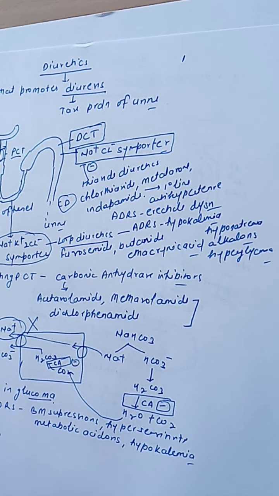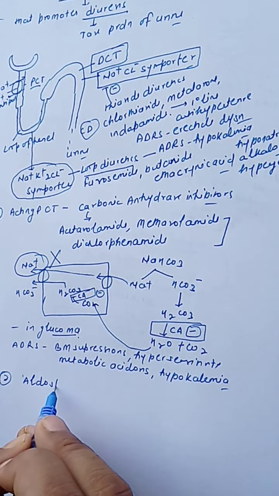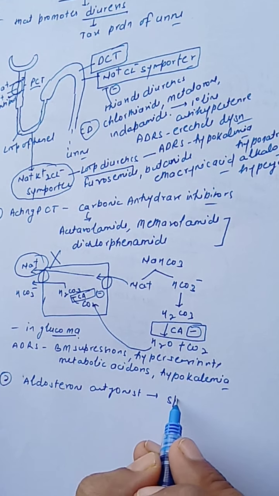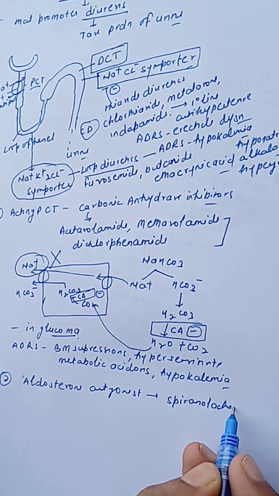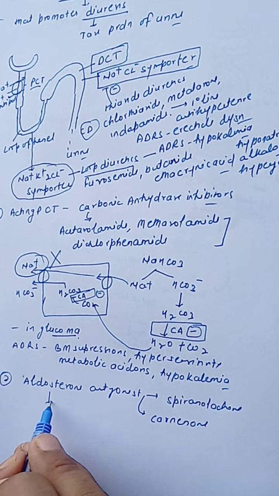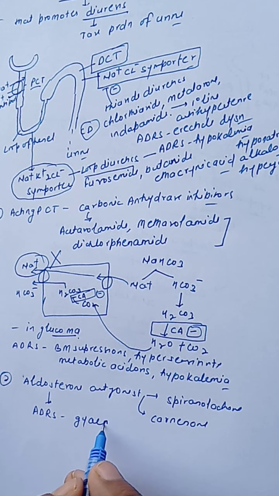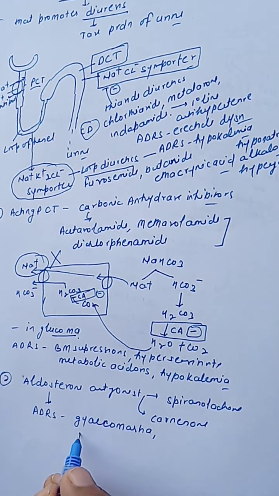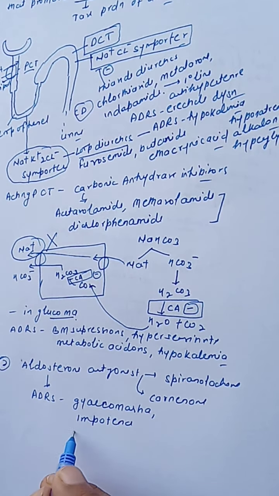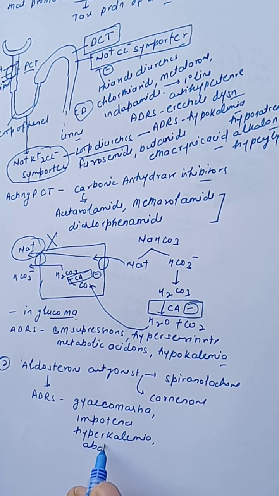Other agents act on the collecting duct, or on both of these sites: the aldosterone antagonists. The aldosterone antagonist is spironolactone, or another drug is eplerenone. But the problems with aldosterone antagonists are the ADRs: gynecomastia, impotence, hyperkalemia, and abdominal pain.